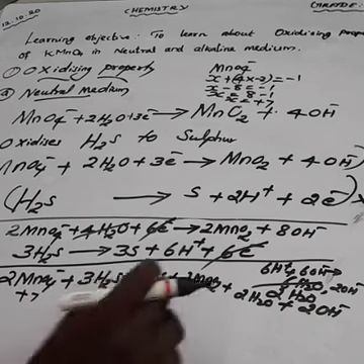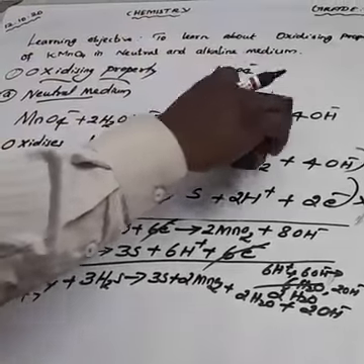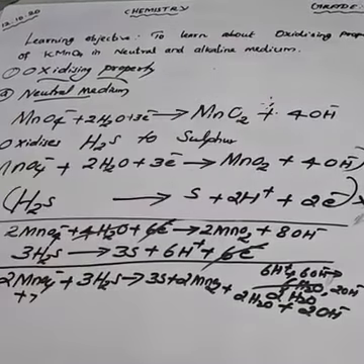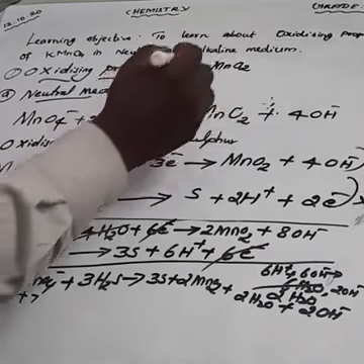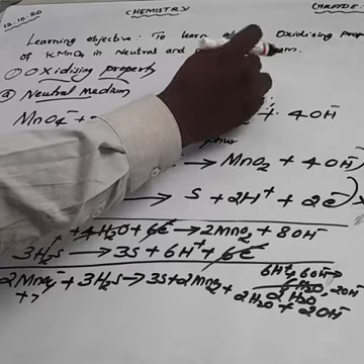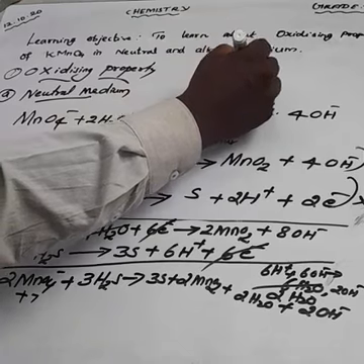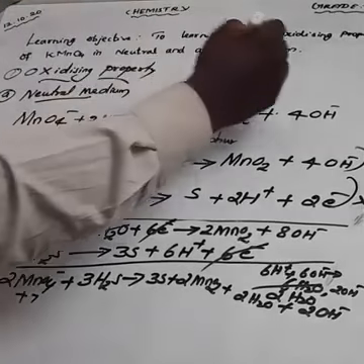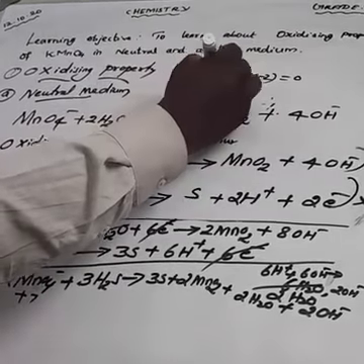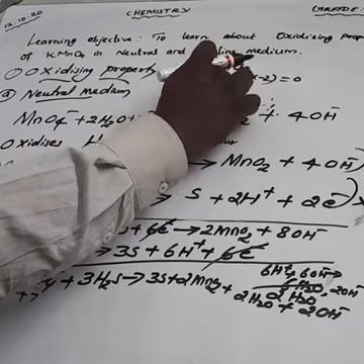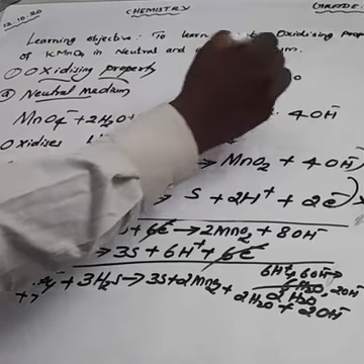Like that we find the oxidation state for Mn in MnO2. Manganese we take as X, and there are 2 oxygens, each having minus 2, so X plus 2 into minus 2, which is minus 4, equals 0.